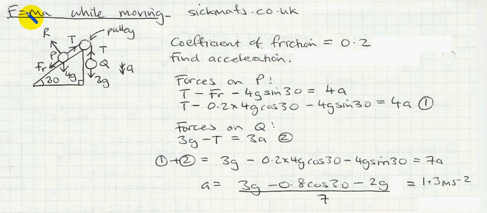So F is equal to mass times acceleration, and the acceleration due to gravity on the object is what we call g, which is 9.8. So that's why you always say weight is mass times g. And you do the same here. The mass for this one is 3 kilograms, and that's why the weight of it is 3g.